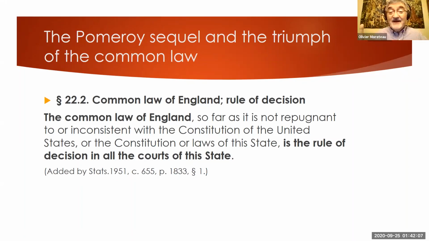Was California ever an English colony? Isn't it remarkable that in order to be in line and in harmony with the other states, they are making, many years after the adoption of their civil code, that very strong statement that the common law of England is the rule of decision in all the courts of this state.